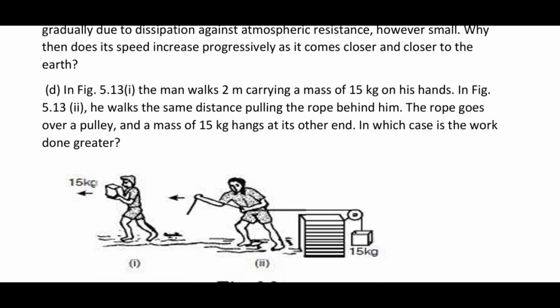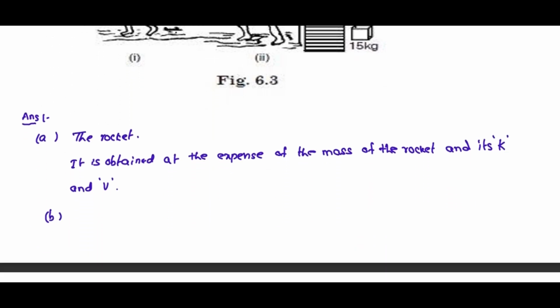The comet is revolving around the sun in elliptical orbit. In this case, work done by conservative force is 0. Here, the gravitational force is conservative. We have studied work done by conservative force for a complete loop is 0.